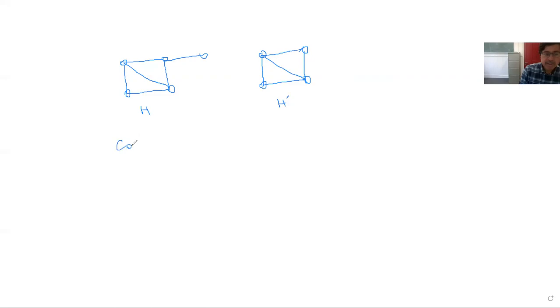So let's condition on the event that G(n,p) contains a copy of H prime, that H prime is present within a random graph drawn from this distribution, and p is n to the minus alpha with alpha equals 9/11.